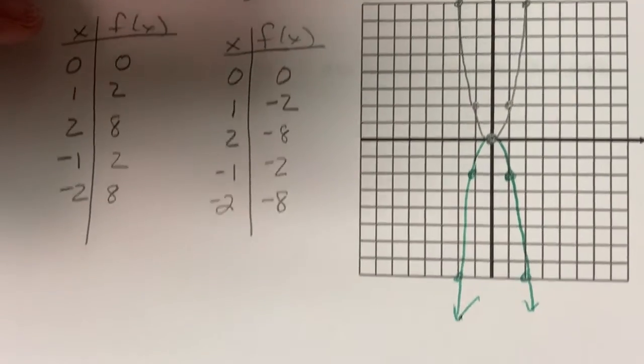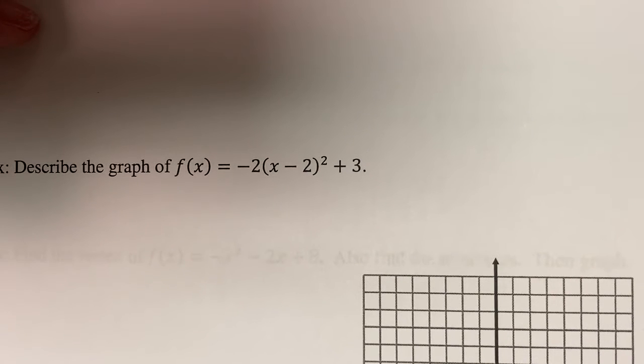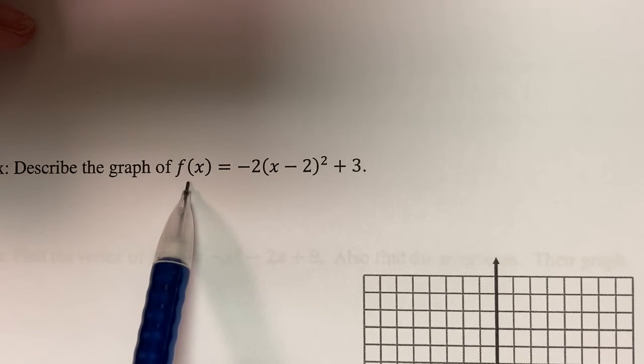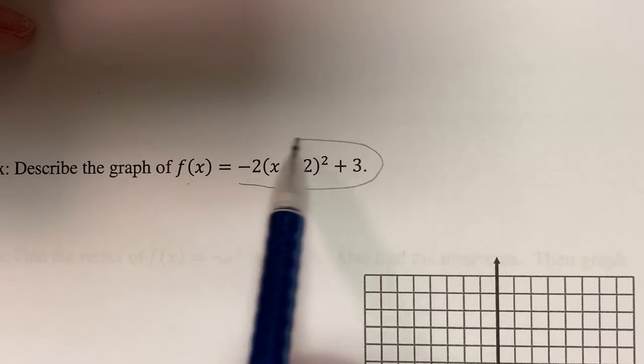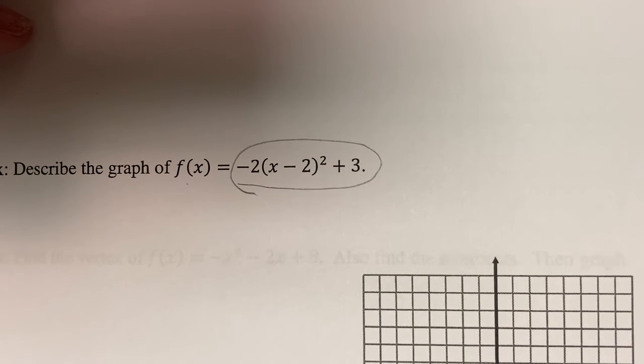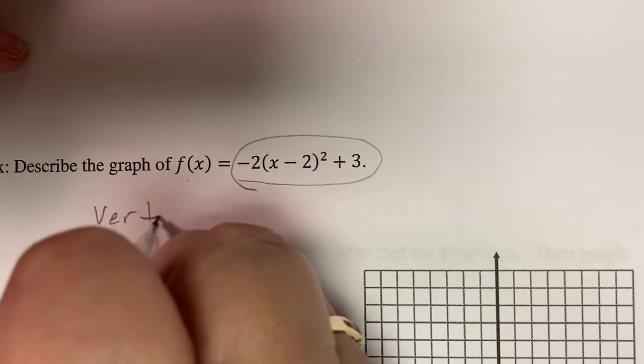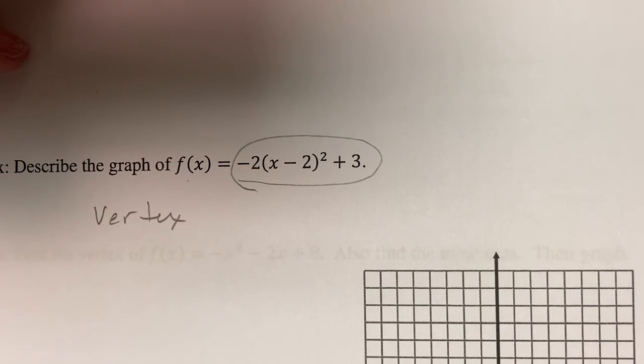All right, so let's put that all together and let's go ahead and do this example. Look at everything that's happening. We're not going to make a chart for this. Let's see if we can put everything together that we know. So let's talk about our vertex. Now remember in the parent graph, it's at (0, 0).